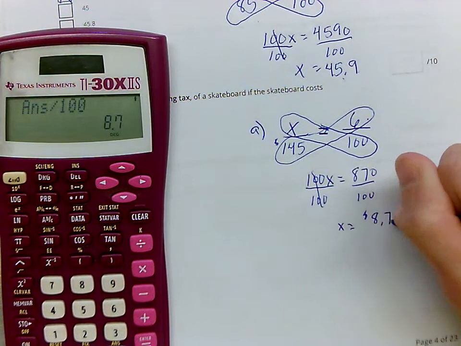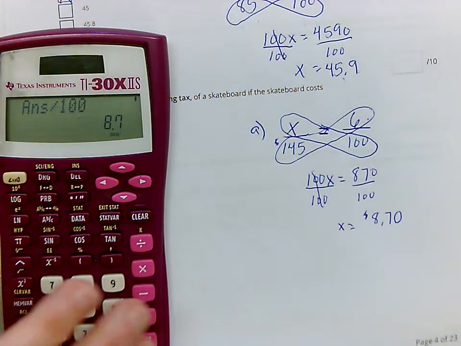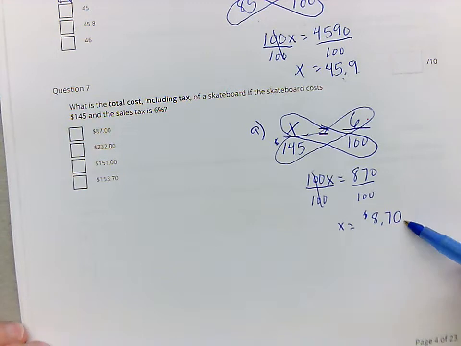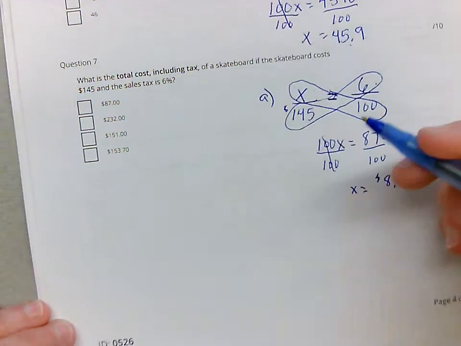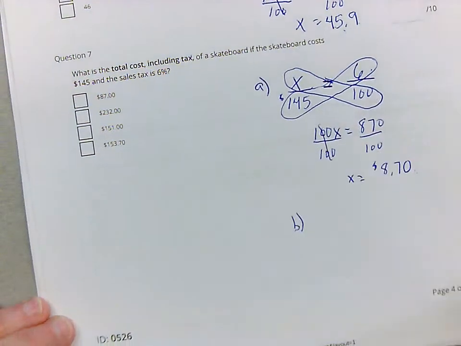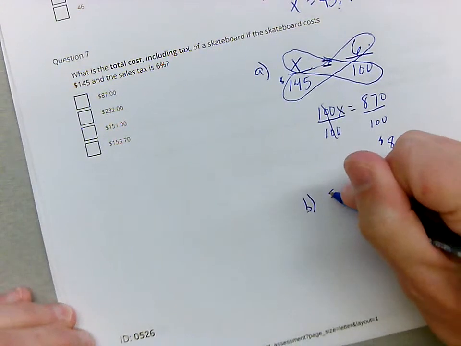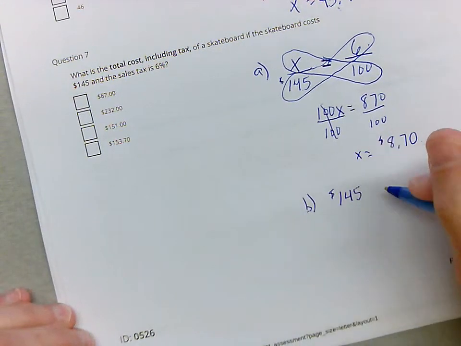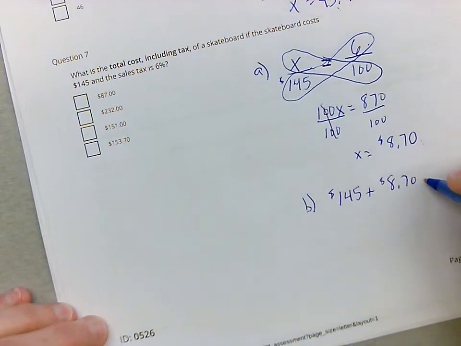Now it's not $8.7, right? When we did this in class, we talked about money, and if it comes out that way as a decimal, you add the 0. It's $8.70. Now that's just the tax amount. We're not done yet. So since this is the tax amount, now what we're going to do is that last step, total cost including tax. So step B, we're going to take the price of the skateboard, $145, and we're going to add to it that $8.70 in tax.